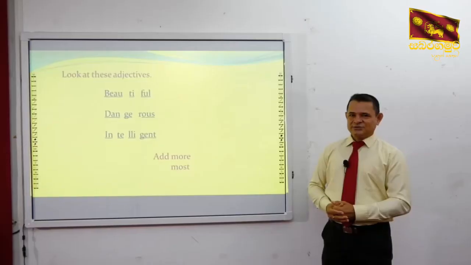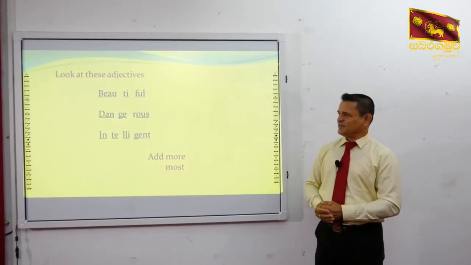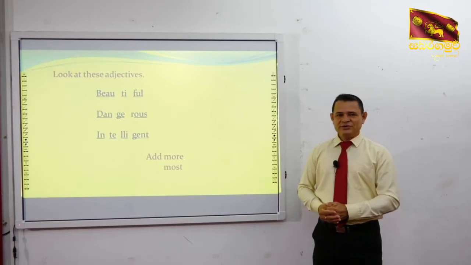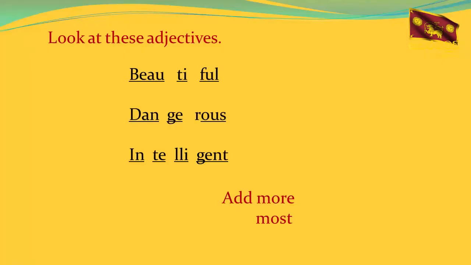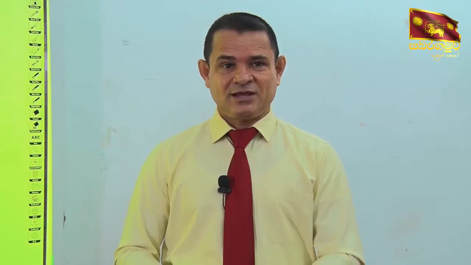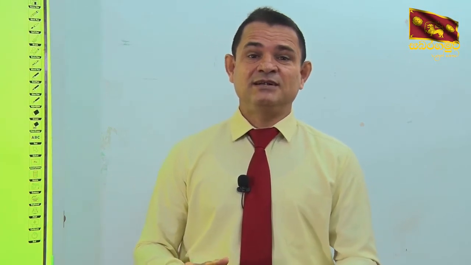Look at these adjectives. What's the first one? Beautiful. When you say the word tall, as in your previous example, you can say it at once. We call it a monosyllabic word. That depends on the number of syllables in a word.